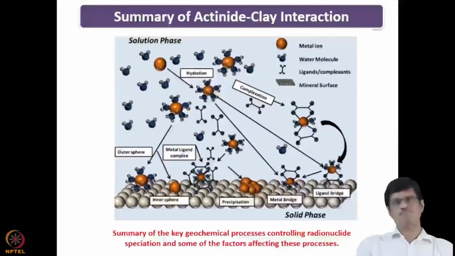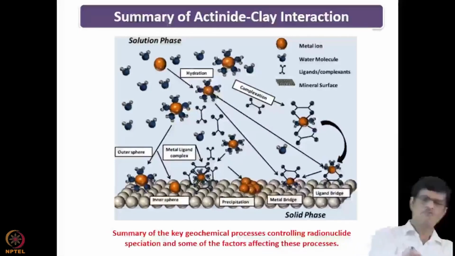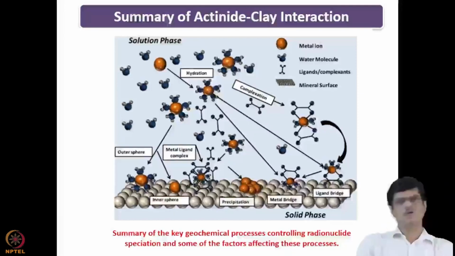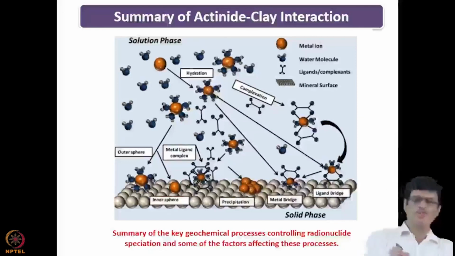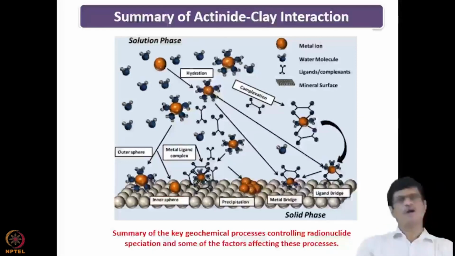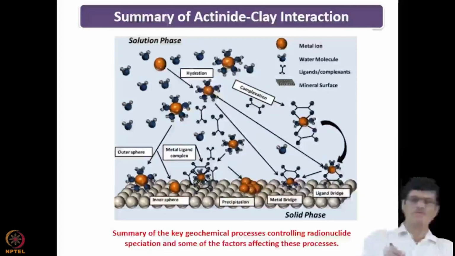Now to summarize the actinide clay interaction: you have a solid, like here iron oxide or iron hydroxide, though this is true for any other oxide, rock or clay material. The radionuclide, with water molecules coming in, binds to the iron oxide.